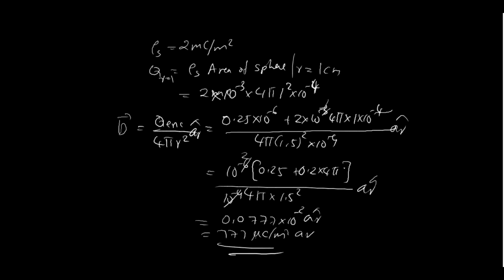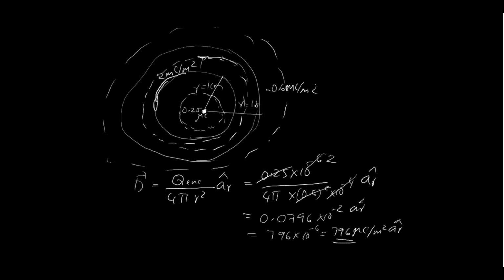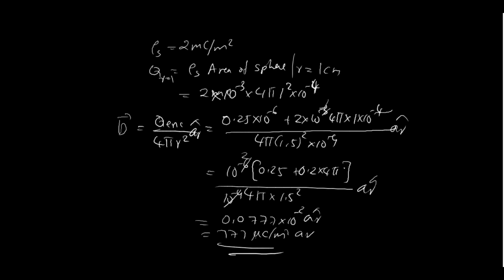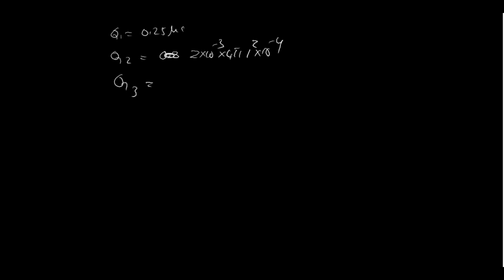Q1 is 0.25 micro, Q2 we have calculated, it is 2 millicoulomb, 2 into 10 raised to minus 3 into 4 pi 1 square into 10 raised to minus 4, and Q3 is how much? So Q3 is the third charge which is in the sphere, 1.8, so it will be minus 0.6 into 10 raised to minus 3, 4 pi 1.8 square into 10 raised to minus 4 centimeter square.